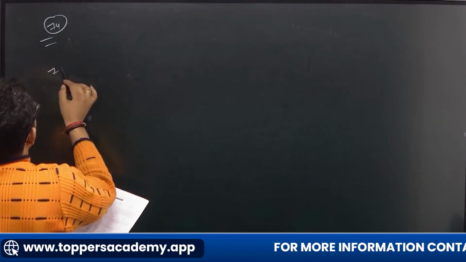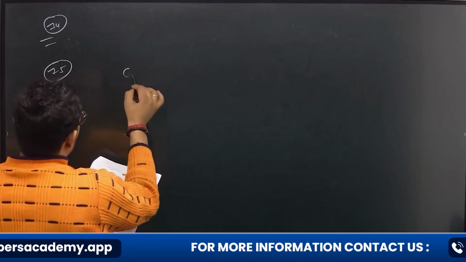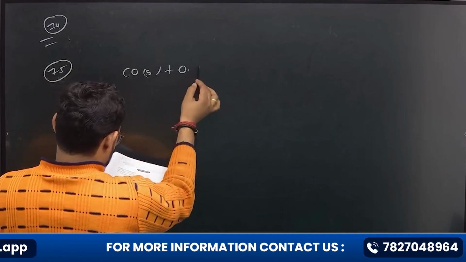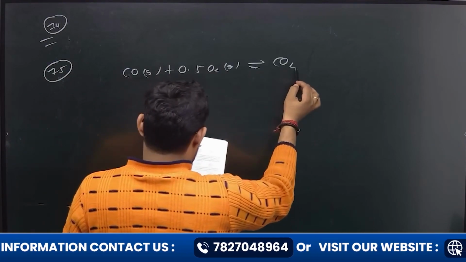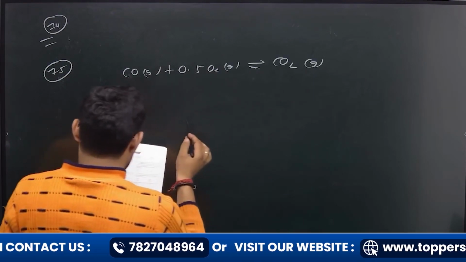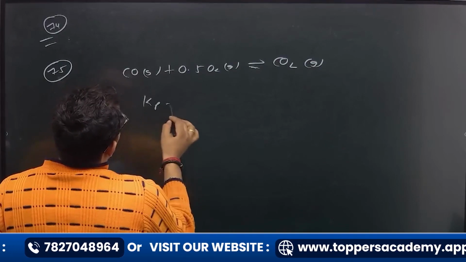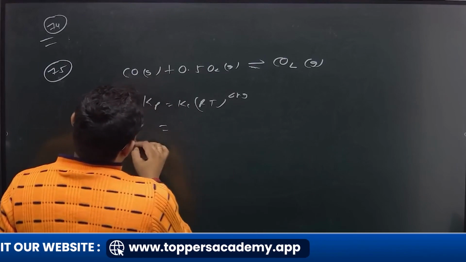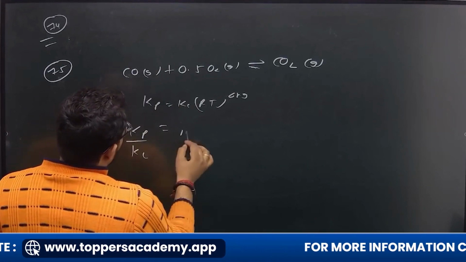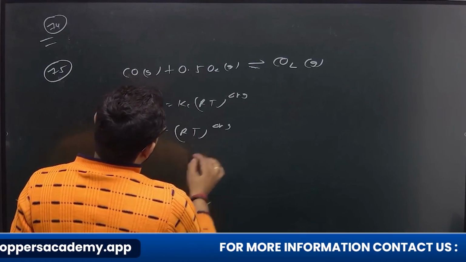Question number 71. CO gas plus 0.5 O2 gas gives CO2 gas. So Kp is equal to Kc into RT to the power delta Ng is the relation. What is delta Ng?